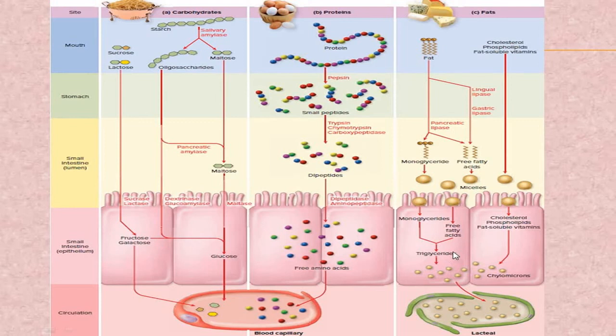Then they form chylomicrons. These fats or chylomicrons are transported through the lacteal, which is a part of the lymphatic system, to the body. This lacteal or lymphatic vessel then drains into the subclavian vein near the heart, then that drains into blood, and through blood it is carried to all parts of the body.